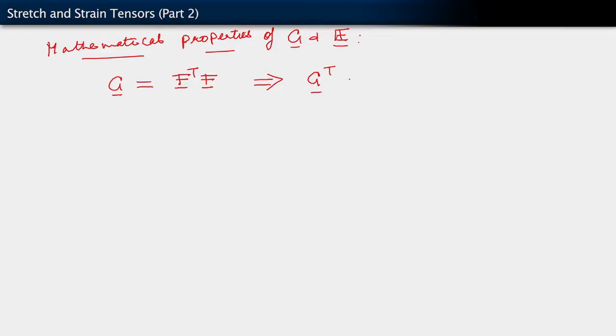Well, that really makes no difference because it means that we have to write this tensor first, transpose, followed by this tensor, transpose, but that just gives us back F transpose F, which is equal to C, right? So C transpose is equal to C, which means it is symmetric. Okay?